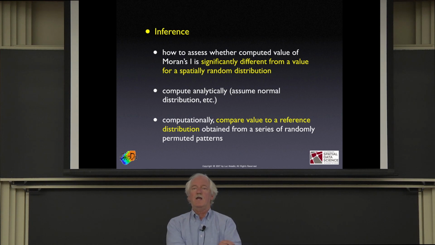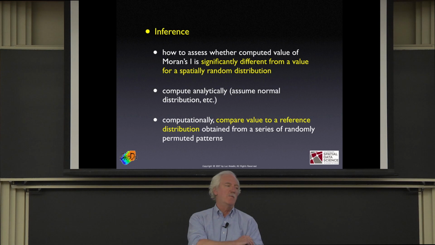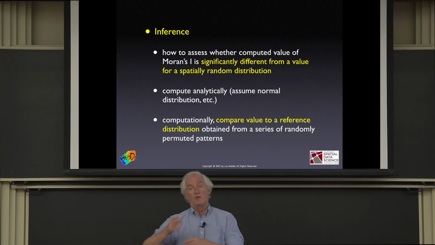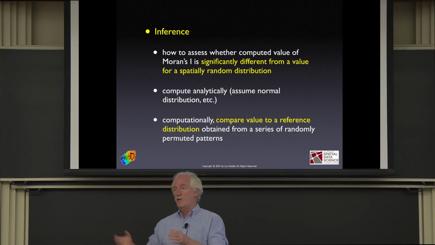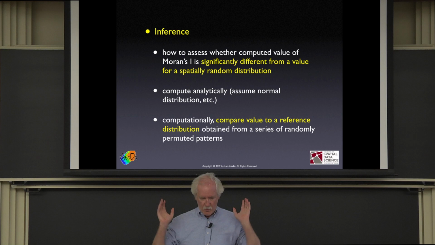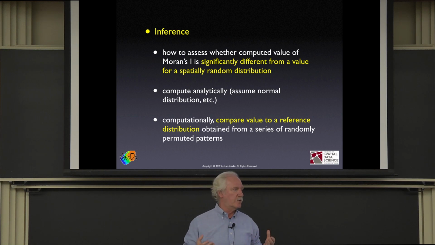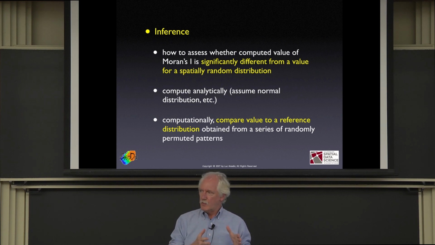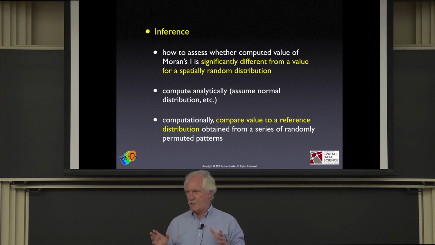And then analytically, you can derive the mean under the null and the variance under the null. Go further and try to derive the full distribution, or you can just throw up your hands and say, okay, let's approximate this by a normal distribution, which is typically done in practice. So that's the analytical approach. The mean is simple. The variance gets a little complicated.